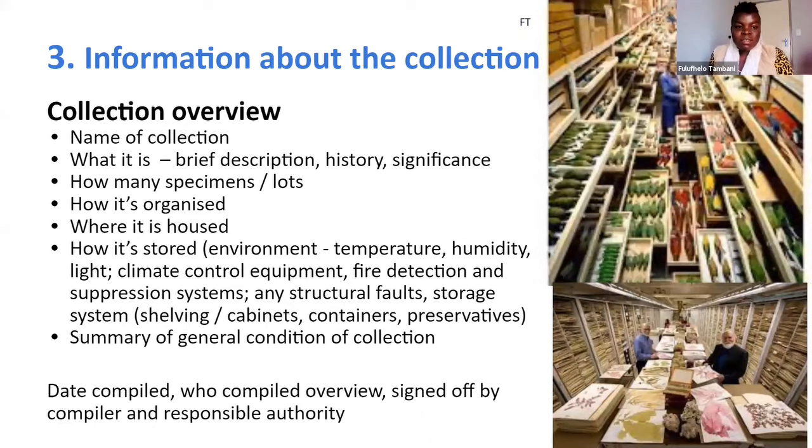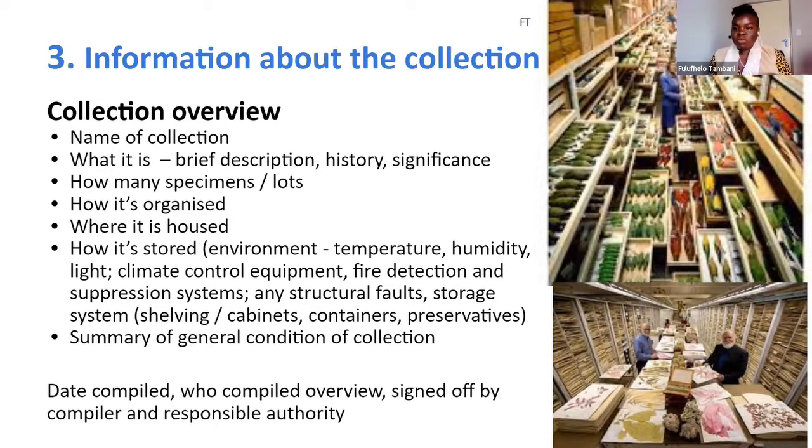Now we're going to go through information about the collection. So there is a document that is required, which is the collection overview. It has to name the collection, what's the name of that collection that you are responsible for or that you're working on, that is in your institution, what it is, including a brief description about the collection.